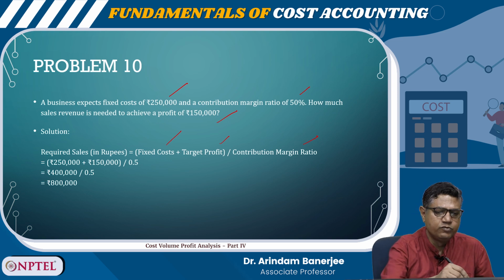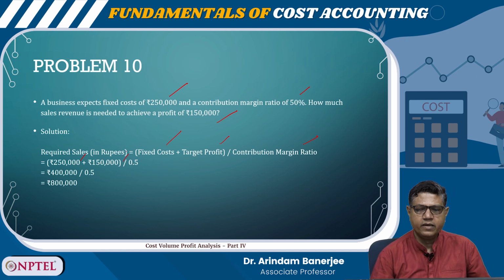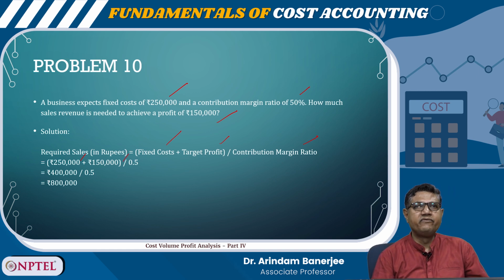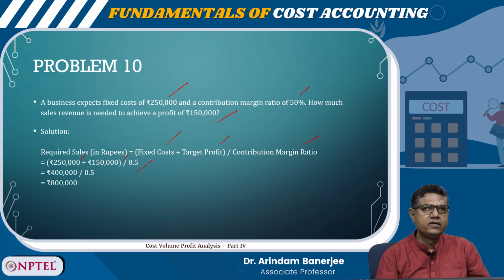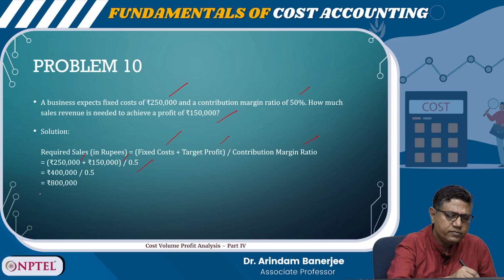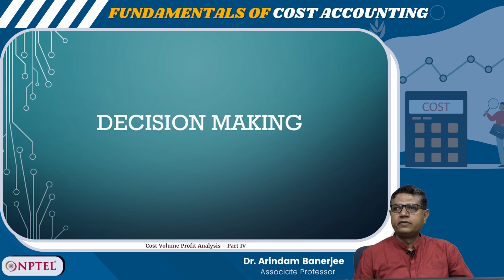Fixed cost is 2,50,000 plus target profit is 1,50,000 divided by the contribution margin ratio, that is 50%, 0.5. So, if I solve, it is coming to rupees 8 lakh. So, the company needs to sell worth rupees 8 lakh for getting a profit of rupees 1,50,000. Thank you.